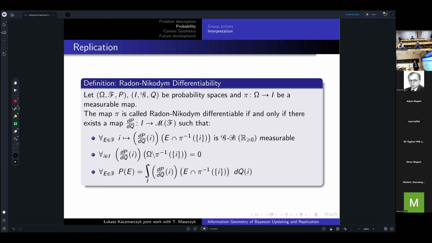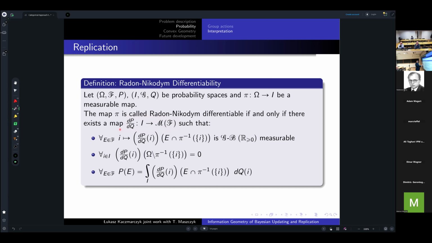And we demand that this Radon-Nikodym derivative should have values in measures on the domain, just like with the disintegration of a measure.